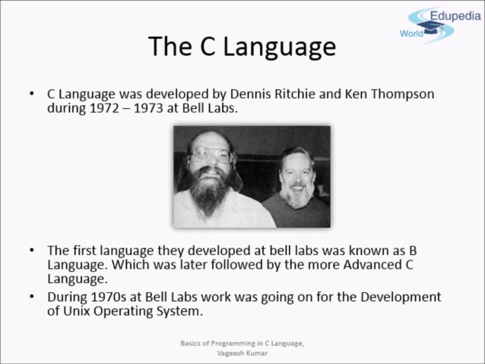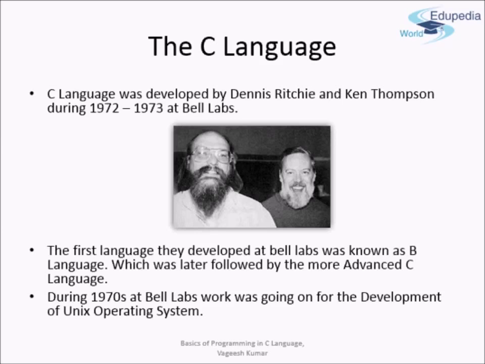So they were working on the language B, and now they had a requirement to develop a new operating system, which was Unix. So they were using B language to develop this operating system Unix, but gradually they found out that B language did not give them such a rich feature set that they could write a whole operating system in it.